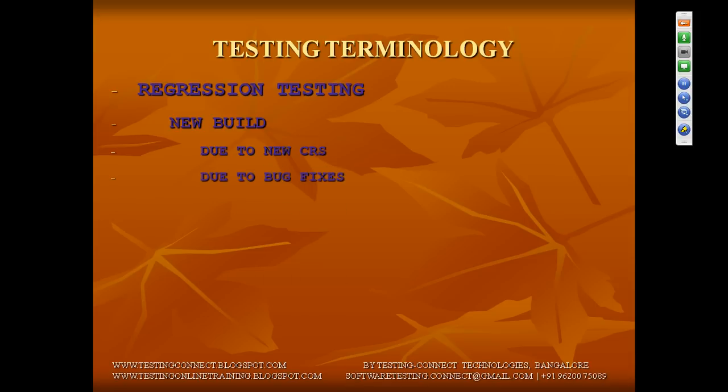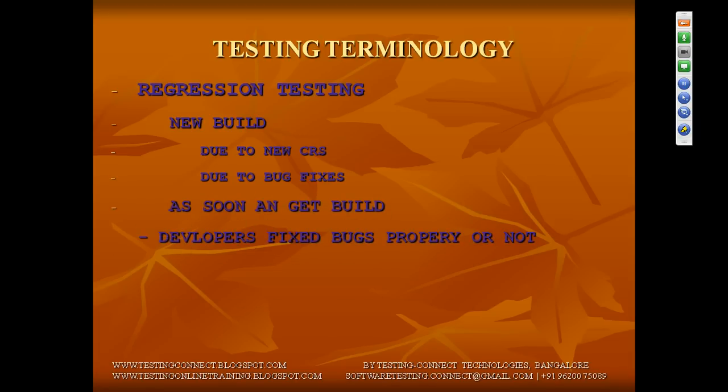In either of these cases, developers update their code with the existing build and make it a new release for testing purposes. So a new build you are getting means in either of these cases you will get a new build. Once you get the build, what you have to do is check whether developers fixed the bugs properly or not.